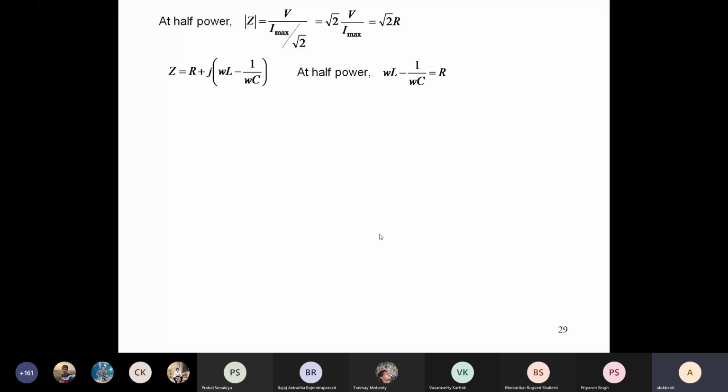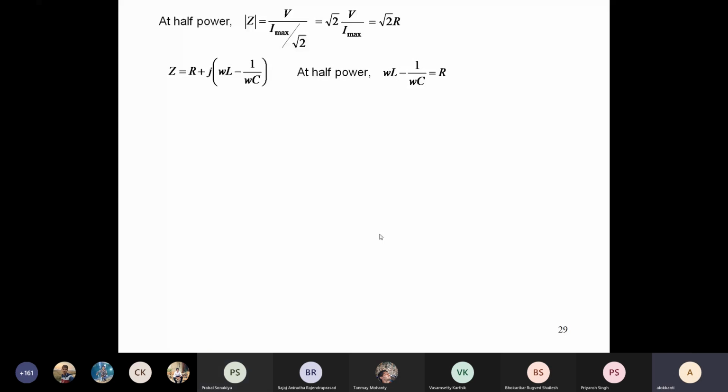I want you to express the two frequencies omega 1 and omega 2 in terms of omega r, the resonant frequency, and the quality factor q. Omega 1 is equal to minus RC plus under root R square C square plus 4LC divided by 2LC. No, I want it in terms of the quality factor q and the resonant frequency omega r.